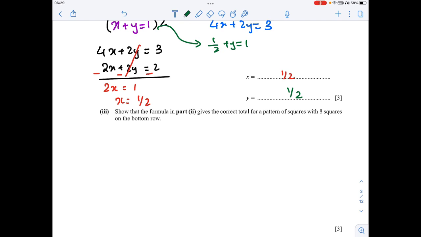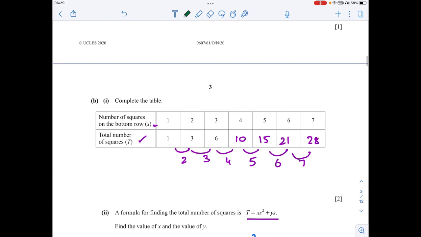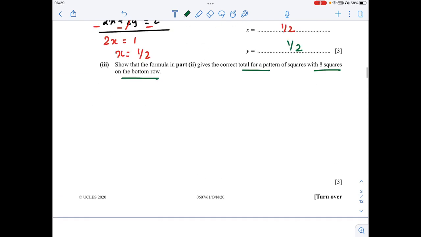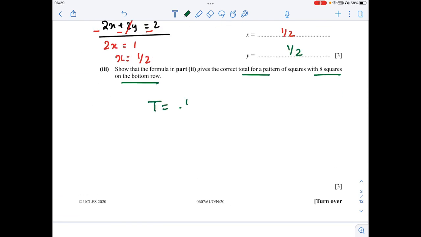Show that the formula in part 2 gives the correct total for a pattern of squares with 8 squares in the bottom row. When we see 8, it should become 36. So t equals 1 upon 2 times s squared plus 1 upon 2 times s.